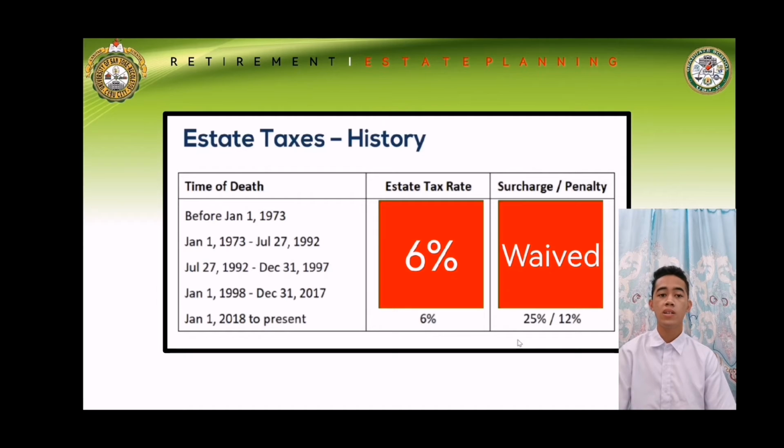The estate tax rate is 6%, and the surcharge and penalty are waived. Why is it waived? Some heirs waive their inheritance as they are no longer interested in the property.